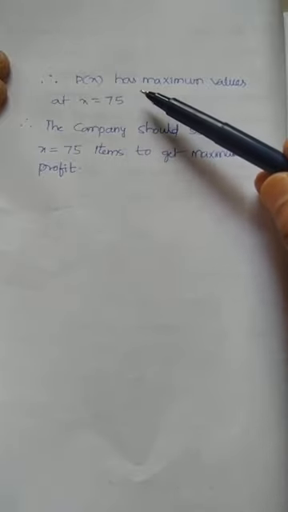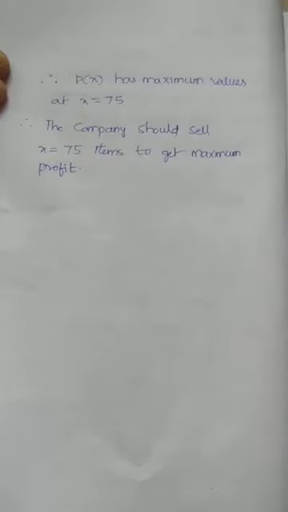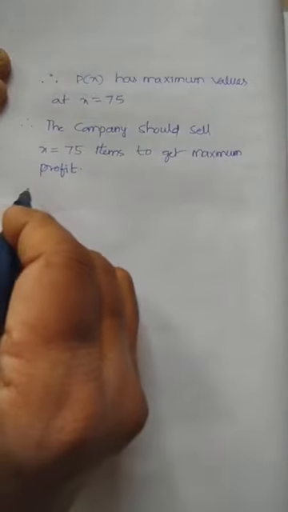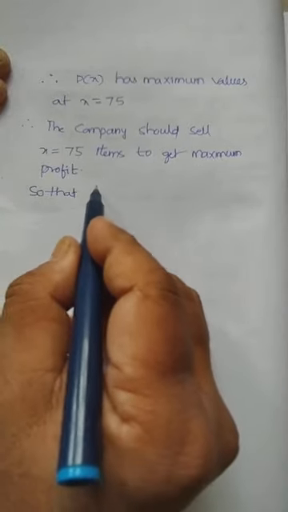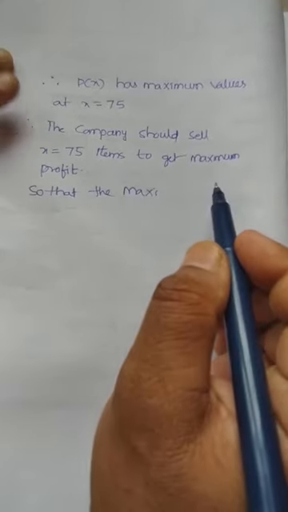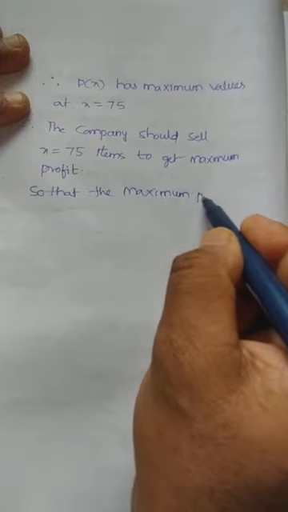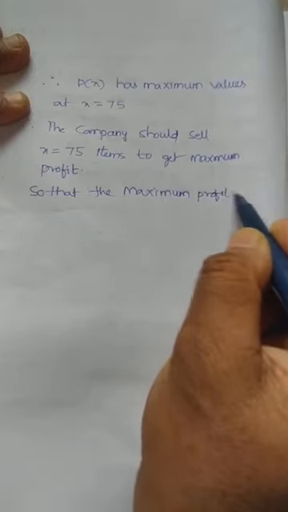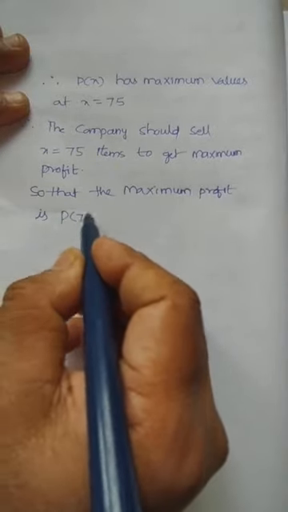Therefore when we apply this statement to our problem, we can state that the company should sell x is equal to 75 items to get a maximum profit, so that the maximum profit is P of 75.